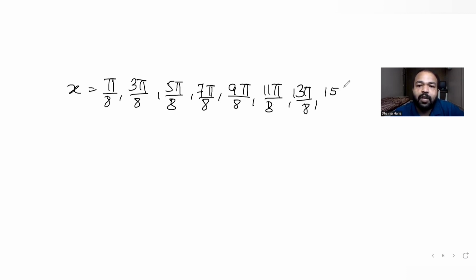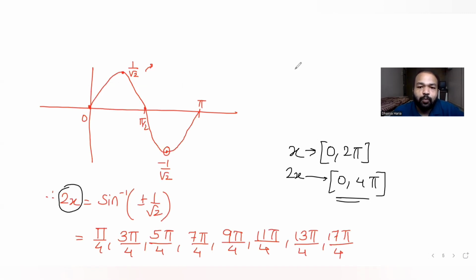So the last term should be 15 pi by 8. I have made a mistake here, it should be 15 pi by 4, not 17 pi. 15 pi by 4 is lesser than 4 pi. After that, 17 pi by 4 becomes greater than 4 pi, so I'm not writing that.